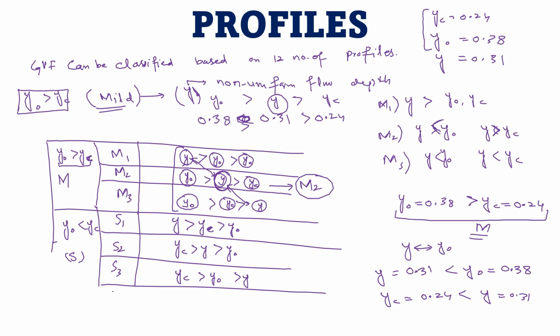And in critical flow condition, we will simply check the possibility of our depth if it is greater than our non-uniform depth. In the same scenario, for critical slope, we have C1 and C3. For this, Y naught will be equal to YC.